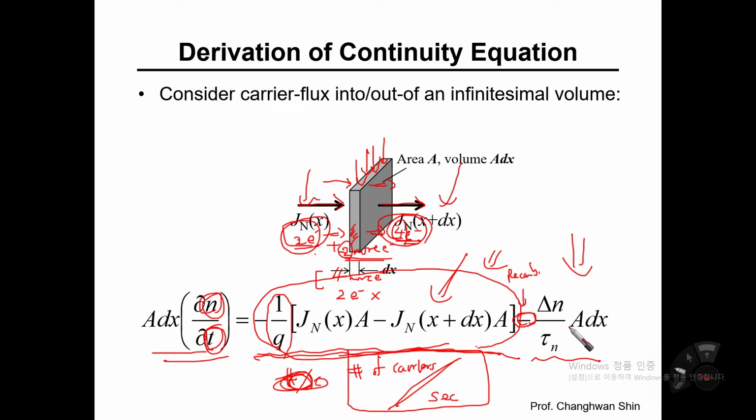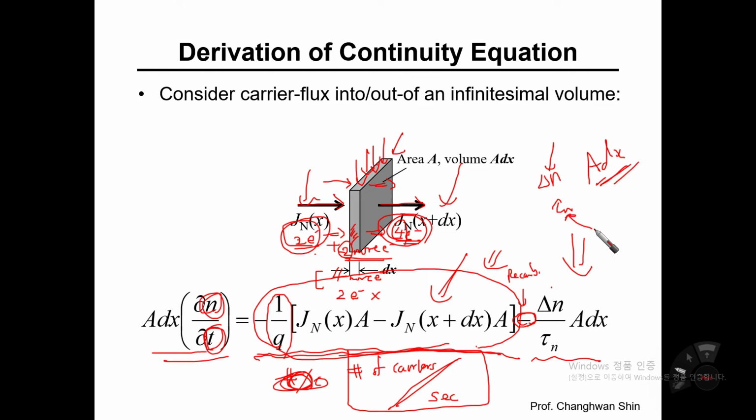Next is how many carriers are killed by holes. The information that we know is this: delta n, tau n, and A times dx. What is this? A times dx means the total volume of this small cube. And what is this delta n? Yes, excess electron concentration.